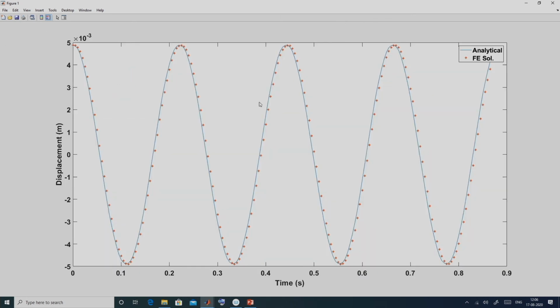Here I have plotted time versus displacement. This is the displacement of the point at the mid of the beam, and the analytical and finite element solutions are compared, and you can see a good match. And as you see, the response keeps on oscillating, and since there is no damping, the amplitude remains the same.